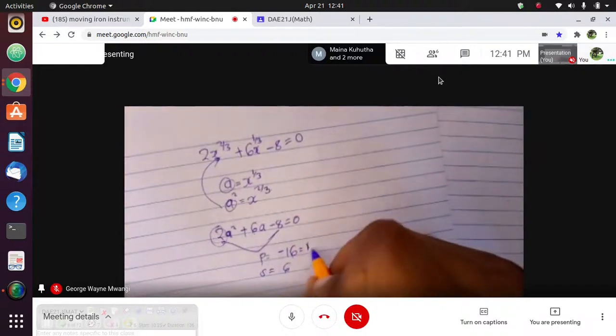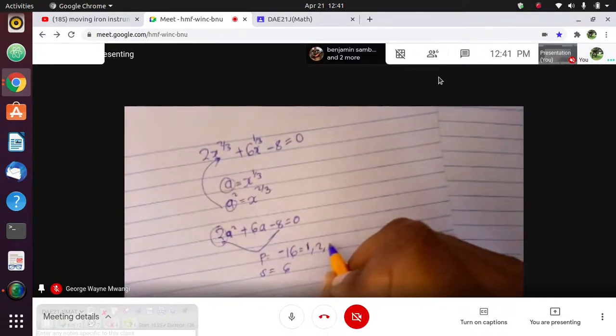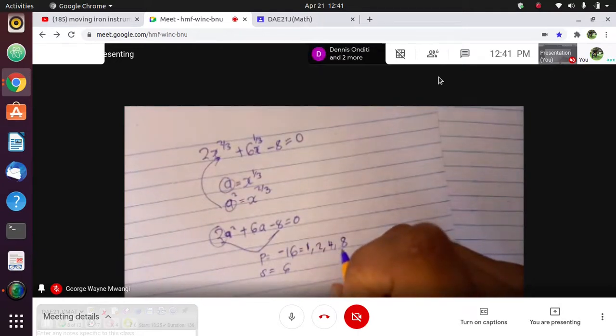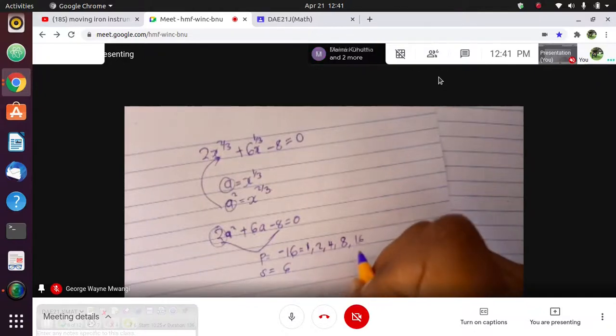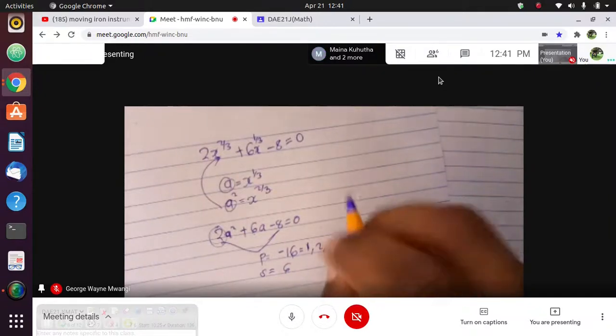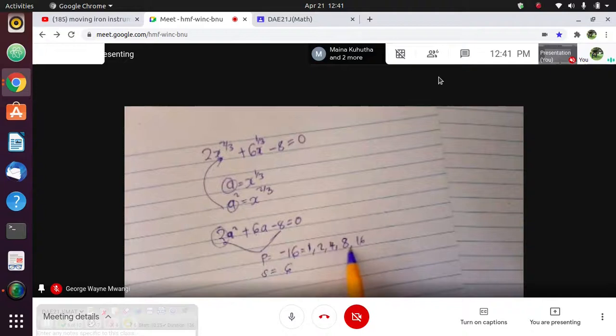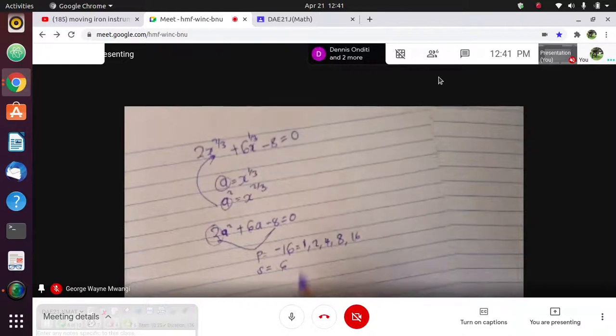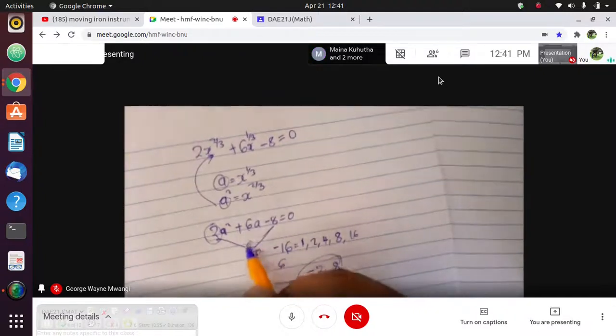So 1, 2, 4, 8, 16. Which two numbers will I multiply to get minus 16, and when I add them, I get plus 6? We have 8 and minus 2.